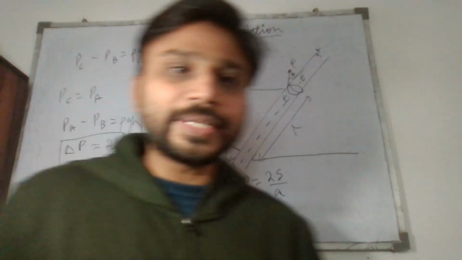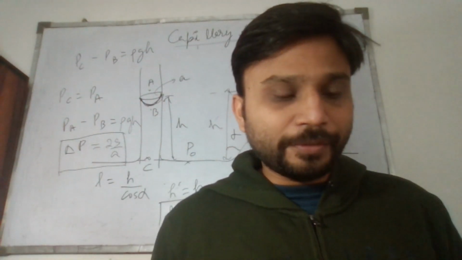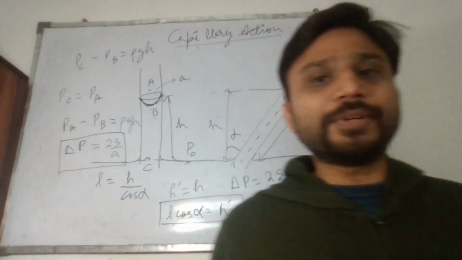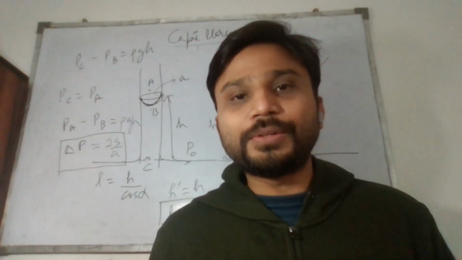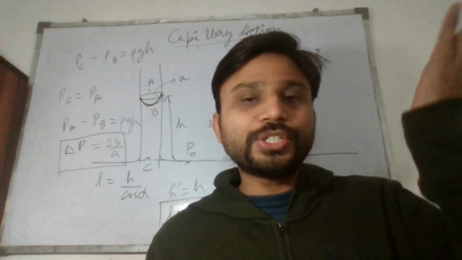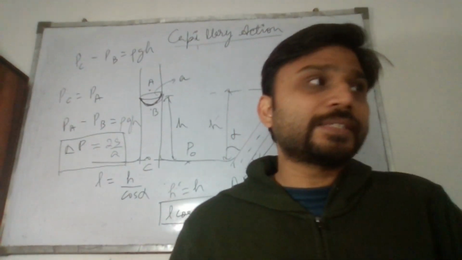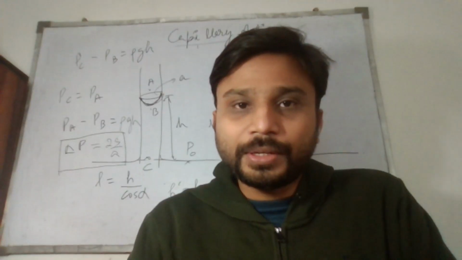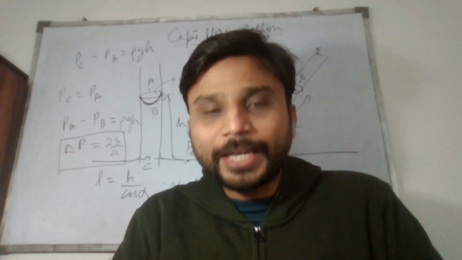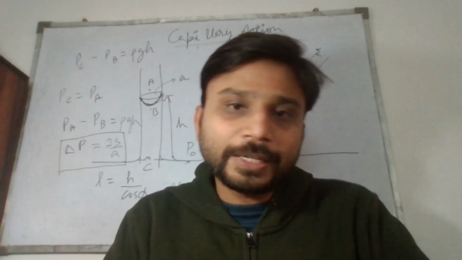So I want to basically recreate a logical sequence in this whole derivation. First, what we did is that we basically evaluated the value of depth h, or height h, through which a liquid will rise if it is immersed in a liquid of density rho and surface tension s, if we are given the radius of the capillary, that is r, and the angle of contact.